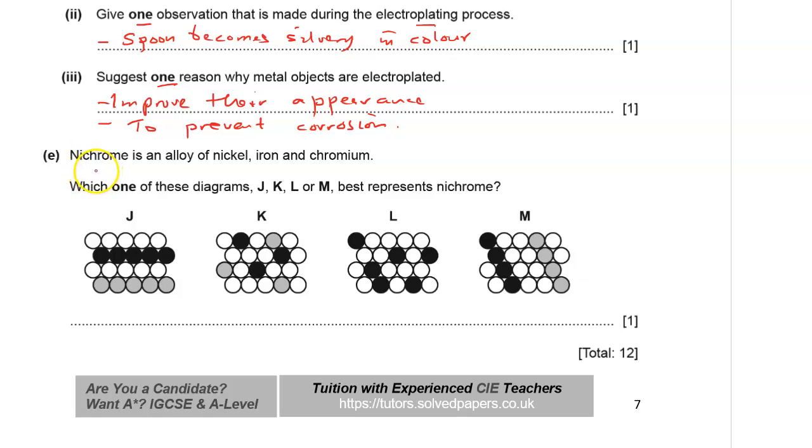Lastly, part E, nichrome is an alloy of nickel, iron, and chromium. Which one of these diagrams, J, K, L, M, best represents nichrome? An alloy is a mixture.